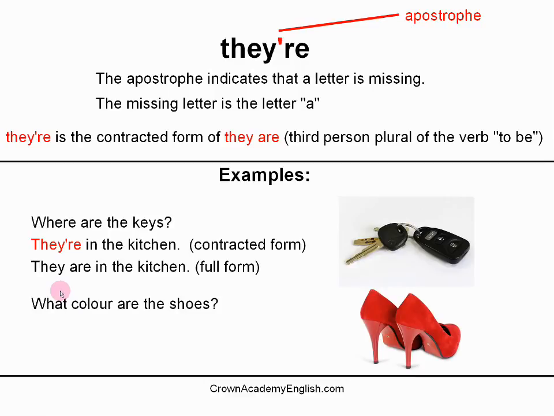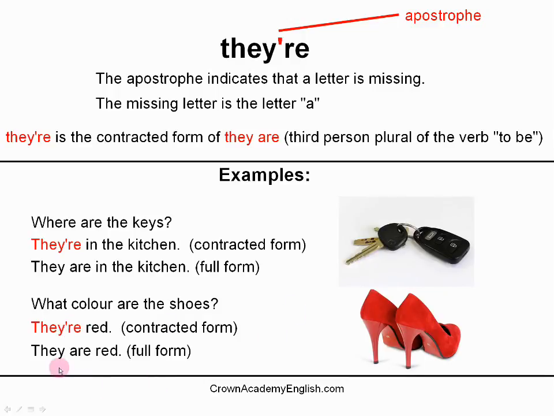What colour are the shoes? They're red. So apostrophe RE. And the full form is they are red. So THEY apostrophe RE is the contracted form of the third person plural of the verb to be, with a very specific meaning.